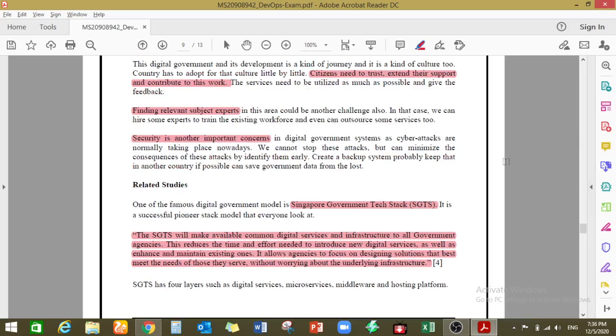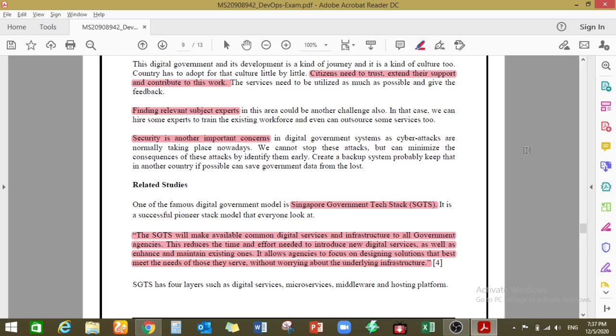Finding the relevant subject experts in this area can be another challenge also. In that case, we can hire some experts to train our existing staff, and sometimes we can even outsource some services too. And most importantly, security is another concern in digital government, as cyber attacks are normally taking place nowadays.